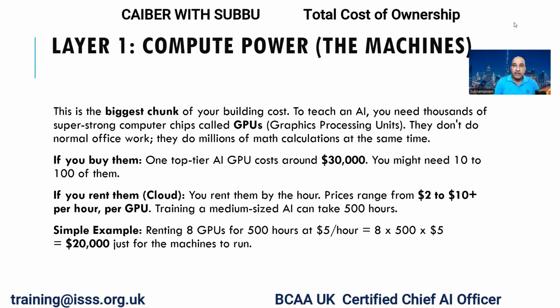If you're going to buy them, $30,000 is the cost of a decent system. If you're going to rent them, it ranges from $2 to $10+ per hour per GPU. So if you have 8 GPUs for 500 hours at $5 an hour, 8 multiplied by 500 multiplied by $5 is $20,000 just for a machine to run.